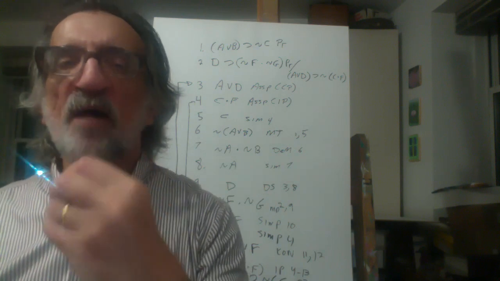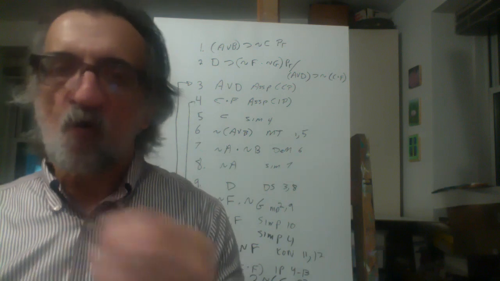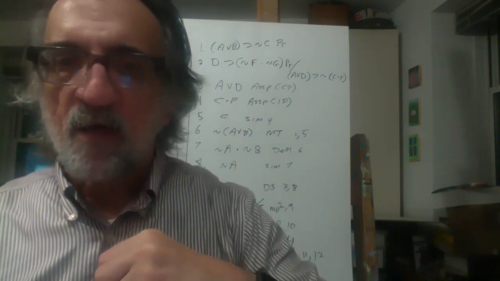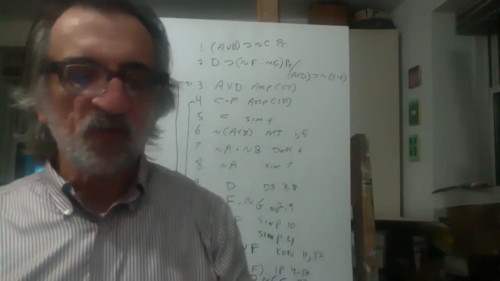So you set up either a conditional proof or an indirect proof or some combination of the two, positing what you'll need in order to demonstrate the truth of the theorem.